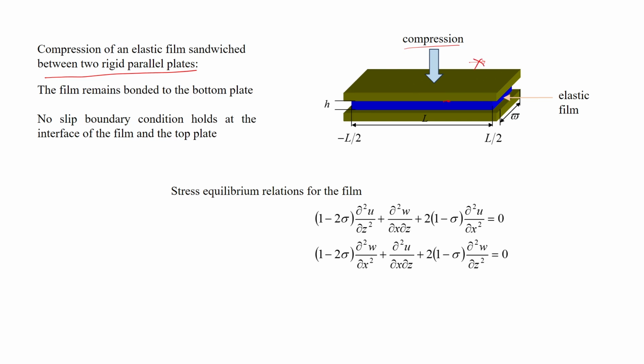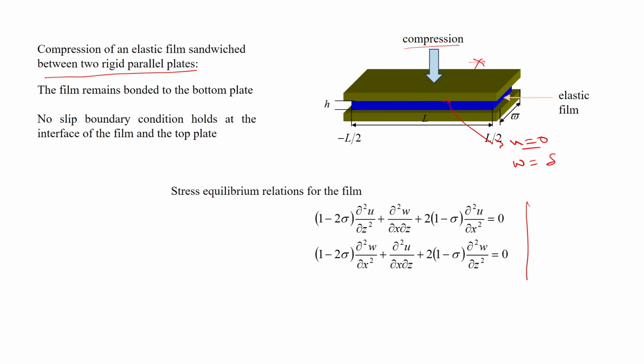As a result u at this location is equal to 0 because of this no slip condition, right. And on the other hand, w will be the vertical displacement at z is equal to h. I think I have represented it by delta here; I think I should write minus delta, but we will come to that. So, this is the way this problem is defined and we would like to solve it.